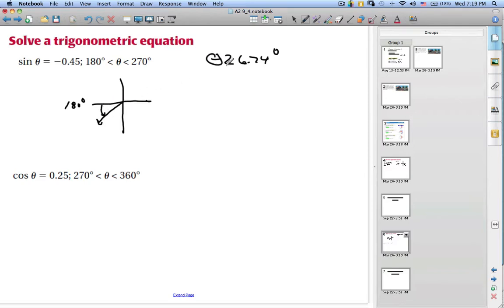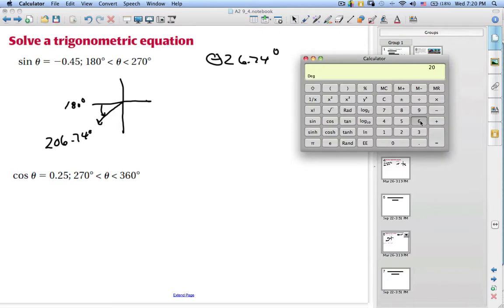This negative item doesn't really apply. So this is going to be 206.74 degrees that gives me this value. If I take 206.74 and I find sine, you see I get -0.45.